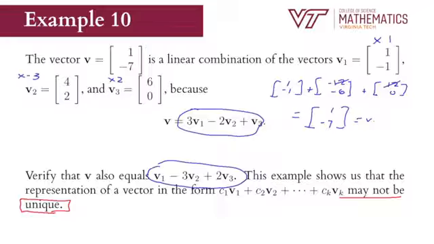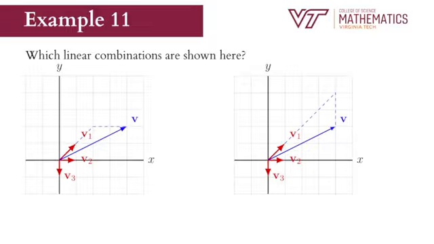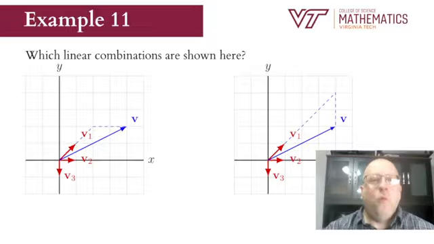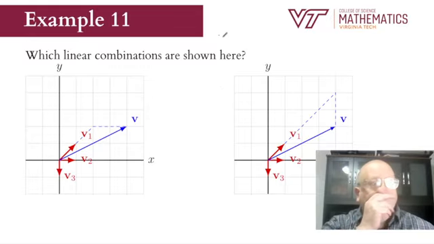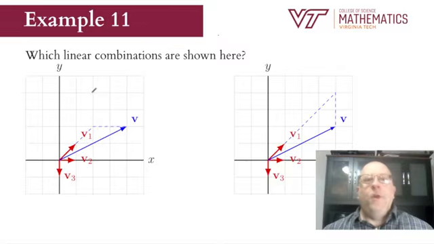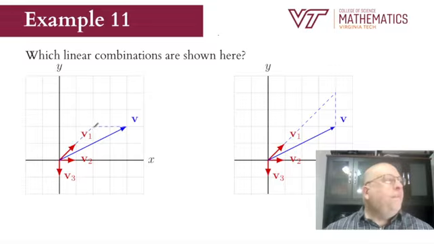All right, let's move on to the next slide here. So here we want to know, what are these linear combinations? These are drawn visually, so we don't have numbers to work with, but these dotted blue lines give me a combination that meets head to tail, where the first blue line and the second blue line meet at a corner, and they combine to give me the vector v.